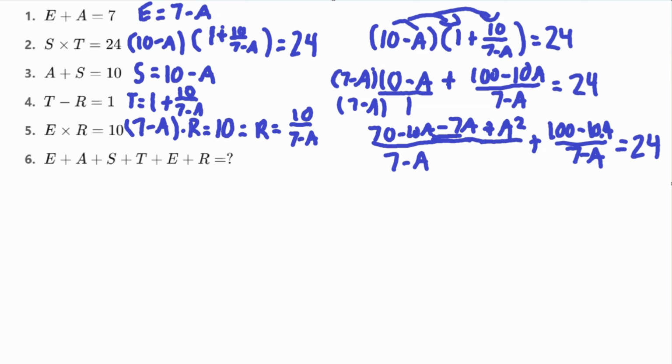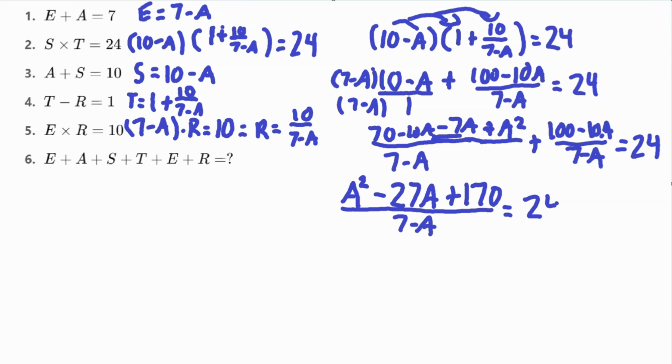So this will be A squared first, and then negative 7A and negative 10A will make negative 17A. And then 70 plus 100 is 170. This is all over 7 minus A now, and this is equal to 24, okay?